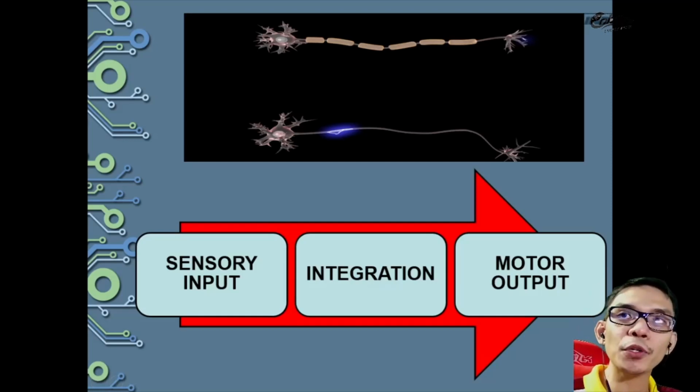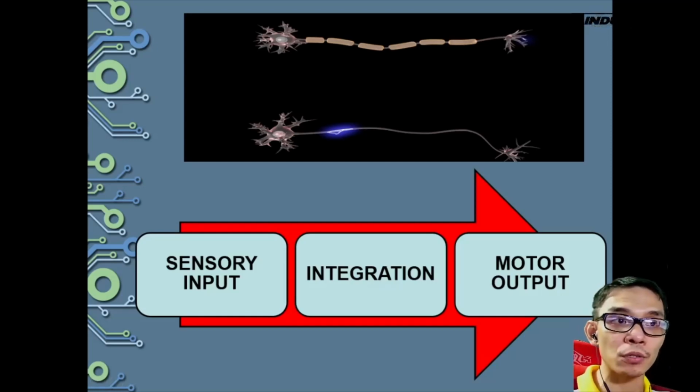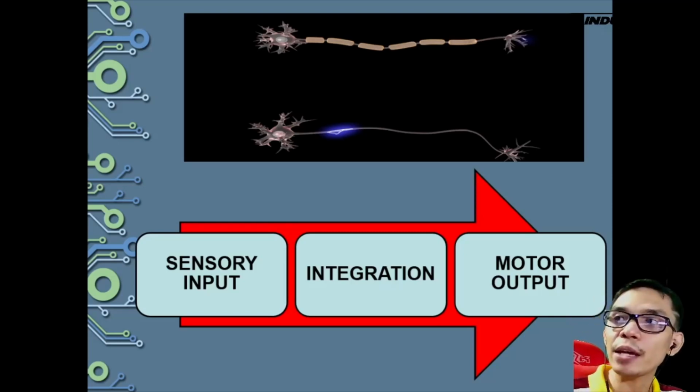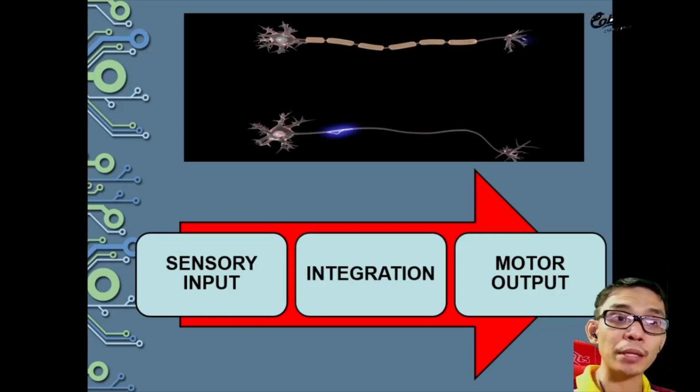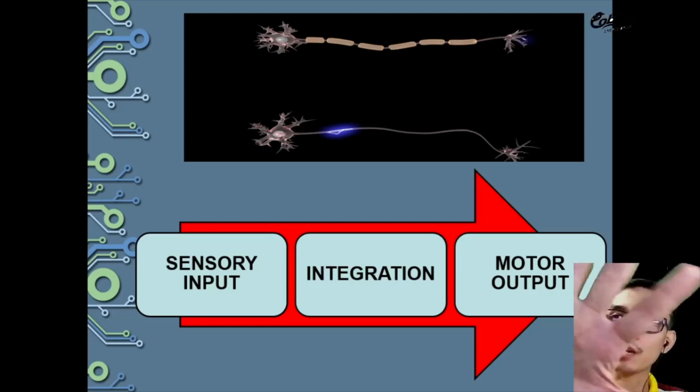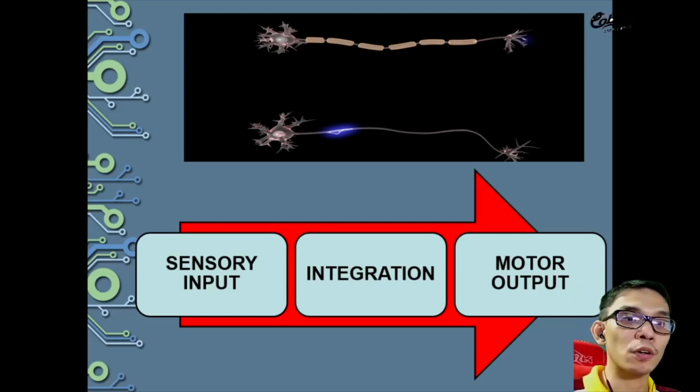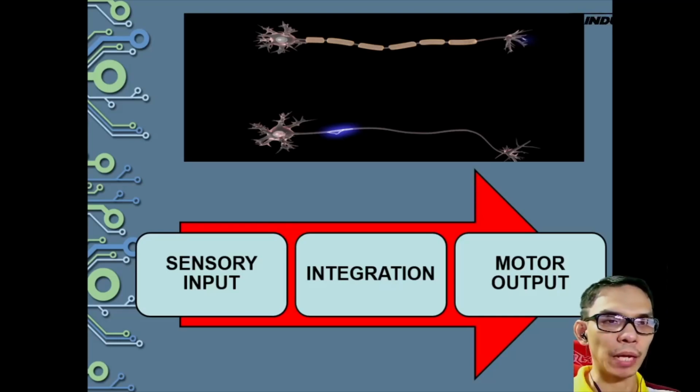The sensory input is done by the sensory neuron, the integration is done by the interneuron found in the central nervous system, and the motor output is done by the motor neuron. So it still follows the same process. If the nervous system is made up of neurons, it follows this certain pattern.